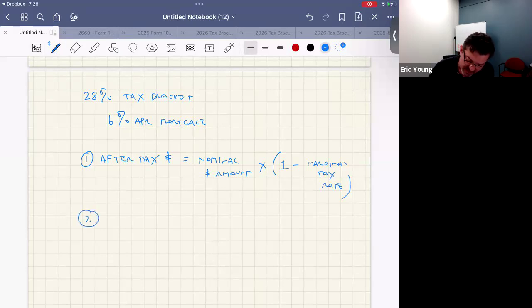And an extension of that, in percentage terms, your after-tax percentage is equal to your nominal percentage multiplied by 1 minus your marginal tax rate.